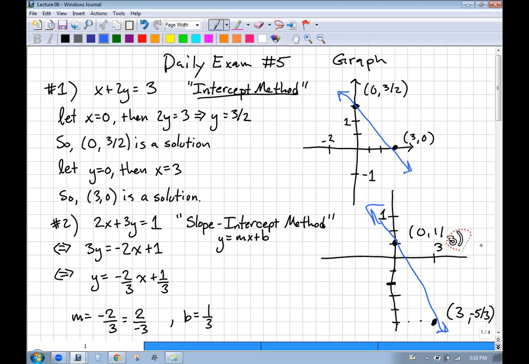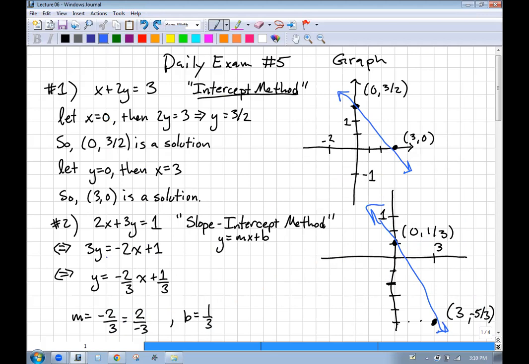All right, so I have this point labeled, which I got by looking at the B. And I got this point labeled, which I got by using the slope. And I went down 2 and to the right 3. Down 2, right 3. I could have got a point over here somewhere if I'd have gone up 2 and to the left 3. But I don't have enough room for that.